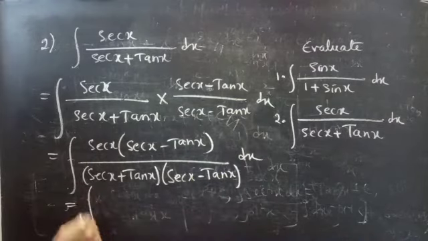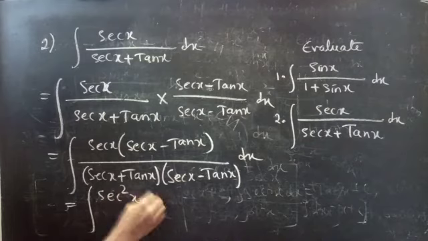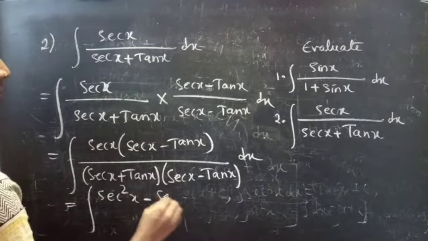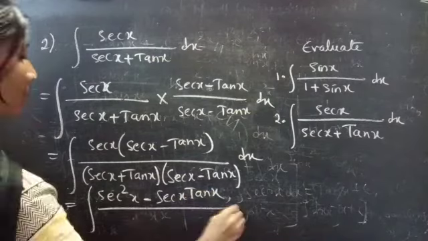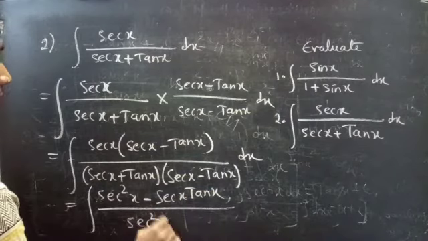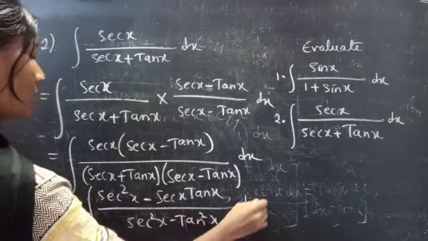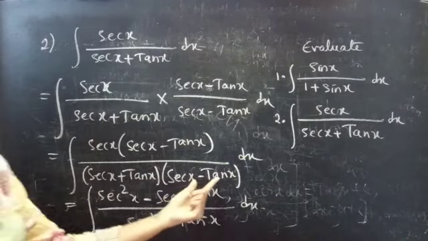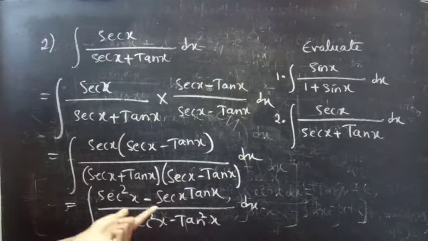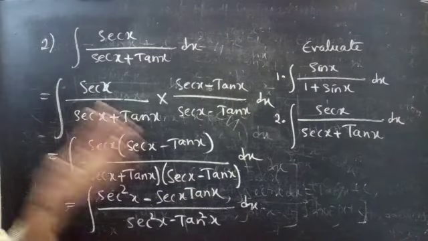So this equals the integral of secant x into secant x is secant square x, minus secant x into tan x, by secant square x minus tan square x, dx. Since this is of the form a plus b into a minus b, which is a square minus b square, we could write it as secant square x minus tan square x.